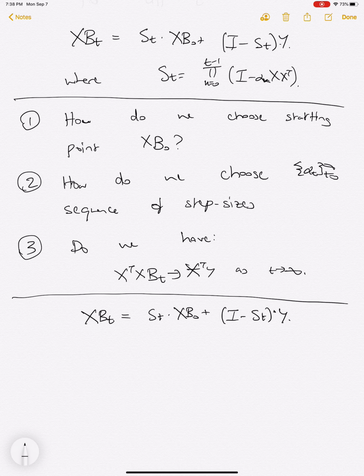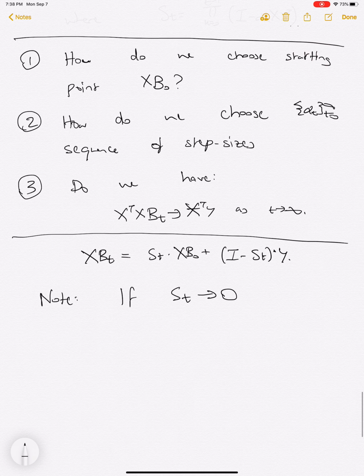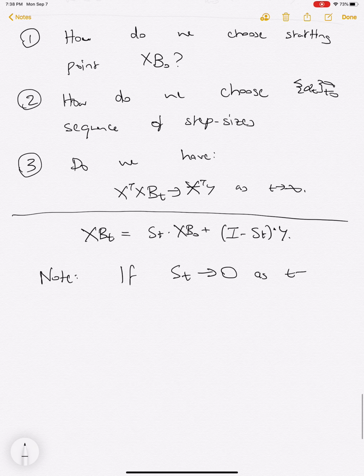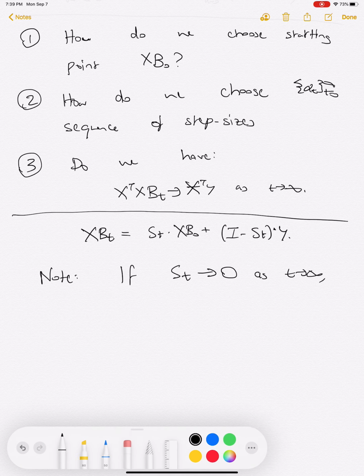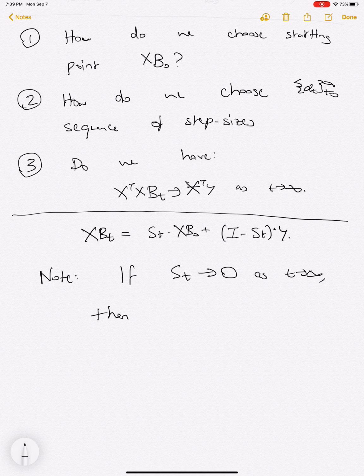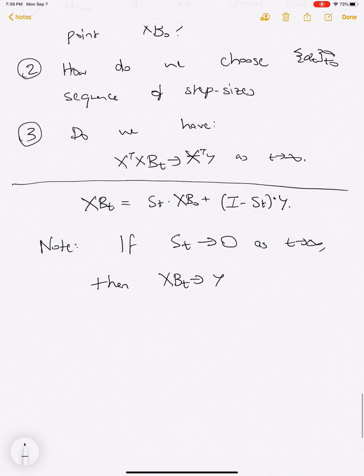And so note that if this matrix S_t converges to 0 as t goes to infinity, then in that scenario we have that x_t converges to y, and the effect of x_0 goes away.